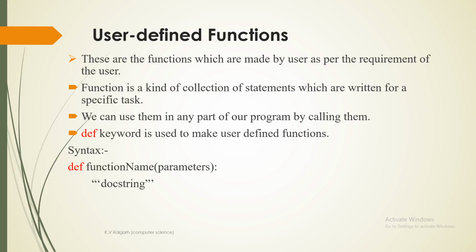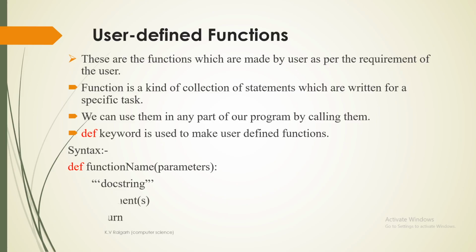Through this docstring, a user comes to know about the task of your function. This docstring is written inside triple quotes. It depends upon you whether you want to write a docstring inside your function or not. If you want to write, then type this docstring. Otherwise, you need not write it. It all depends upon you.